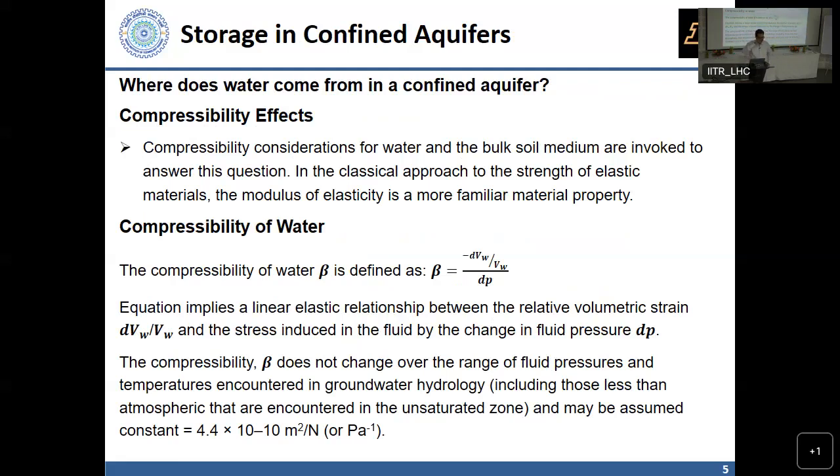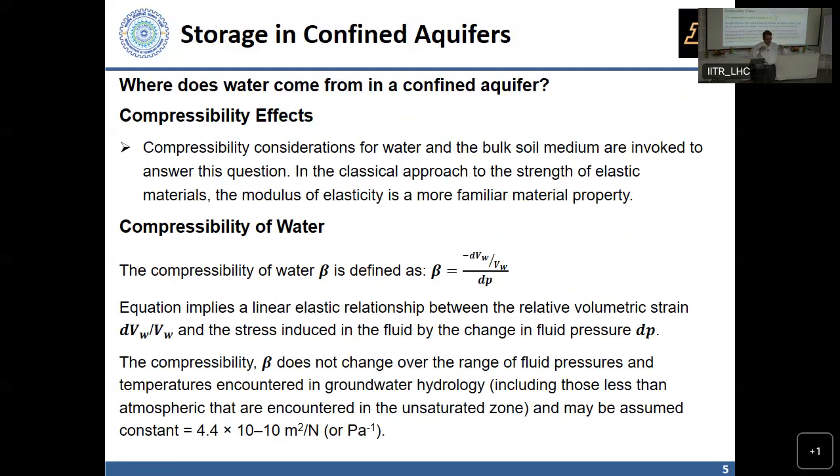So what we are expecting is that the water is going to be compressible. So if I try to remove some water, the volume of water is going to essentially be released, so it will expand. So that is going to yield some of that water. Plus, as we remove the water, some of the pressure that was being shared by the water is now going to be transferred to the solid soil skeleton.